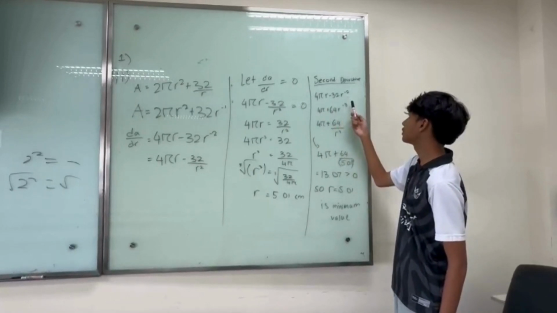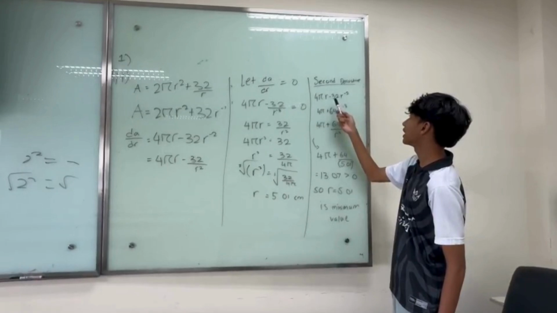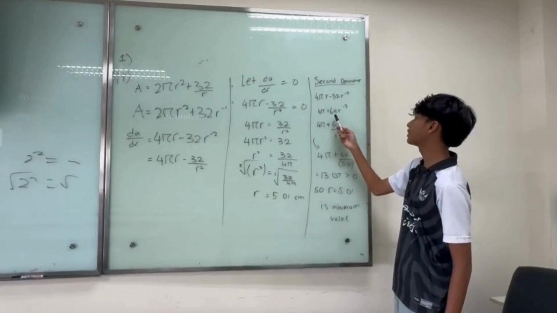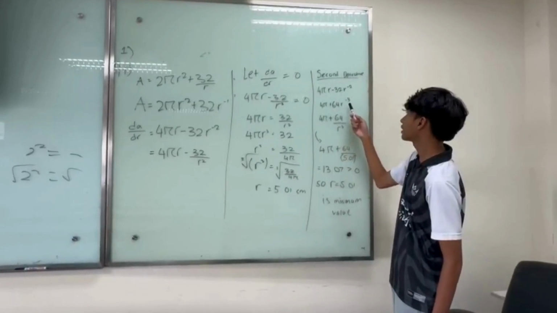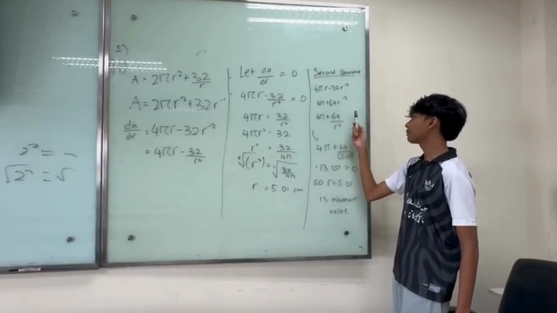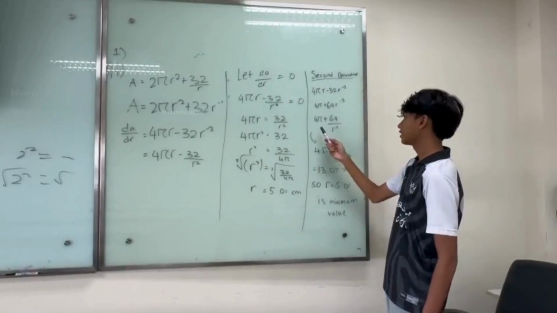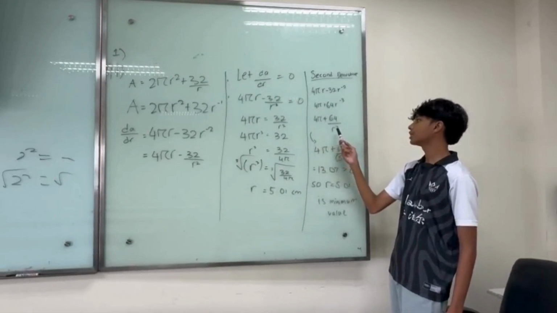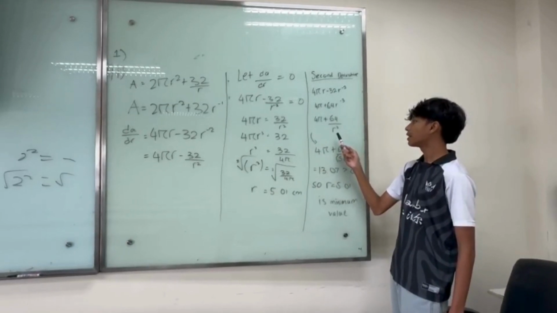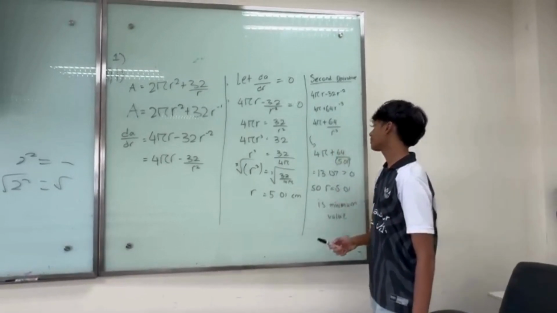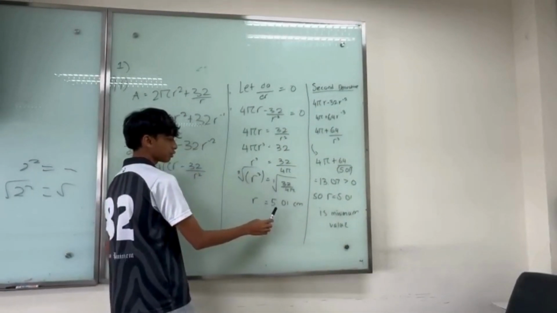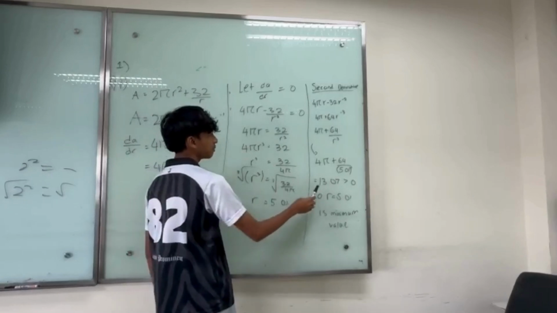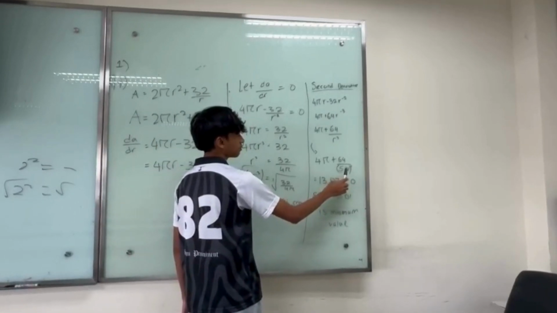And negative 2 times negative 32 gives positive 64 r to the power of negative 3. And then r to the power of negative 3, we can put back down, which is 4 pi plus 64 pi over r cubed. And then we can put this r value, r equal to 5.01, back into the r cubed.